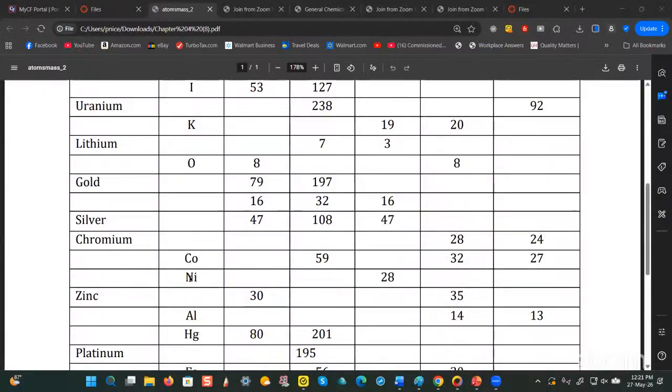Okay, so he was asking where's nickel? Here's nickel. According to the information provided, what's not provided is the mass number and the number of neutrons. So you cannot determine one without the other. In order to determine the mass number, you need the number of neutrons and vice versa.